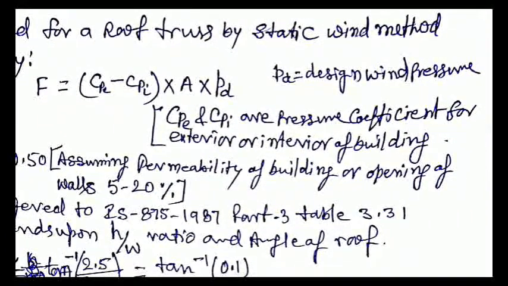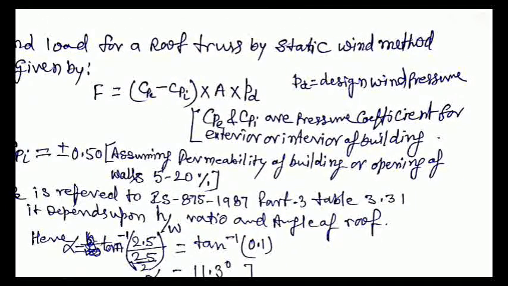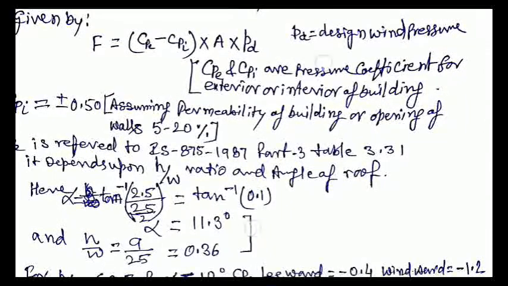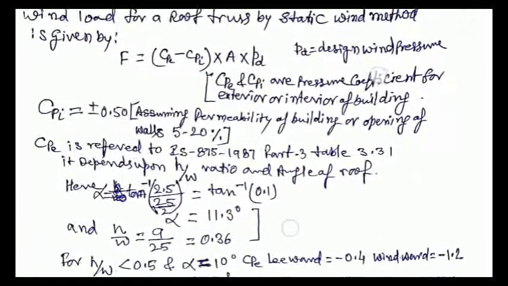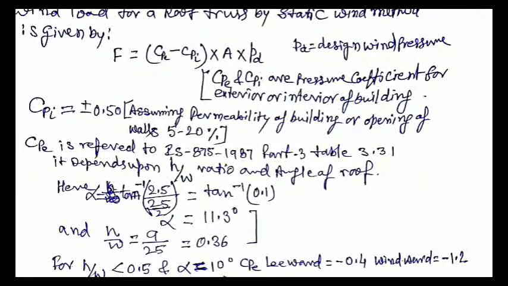So we will find out the PD, design wind pressure, first, and then we will take the coefficients CPE and CPI from the code for exterior and interior of the building.